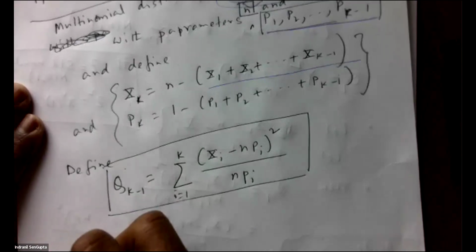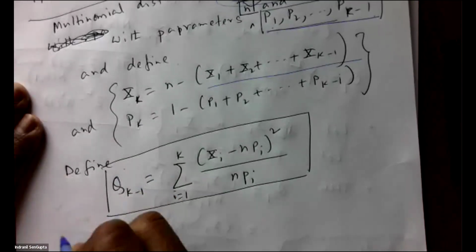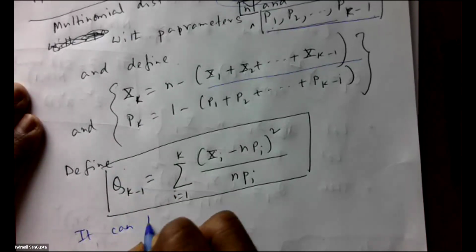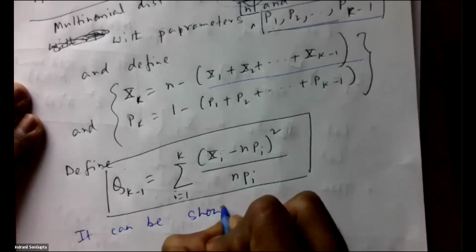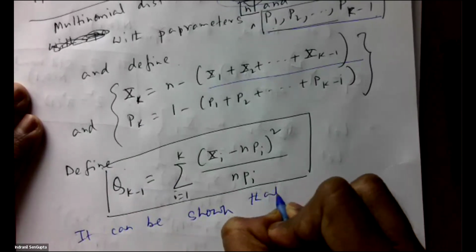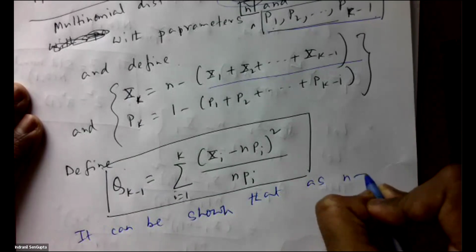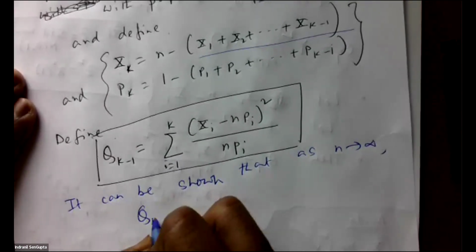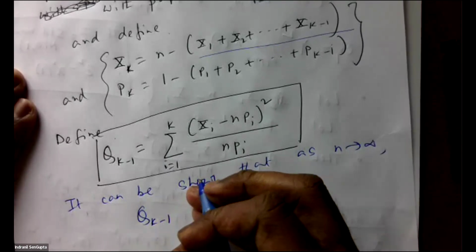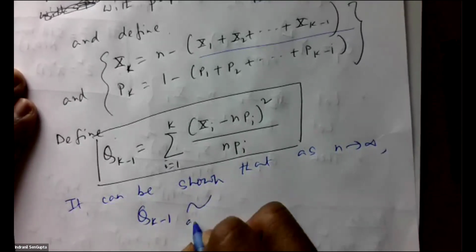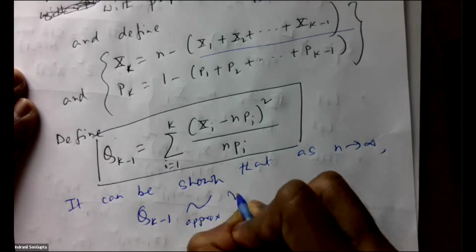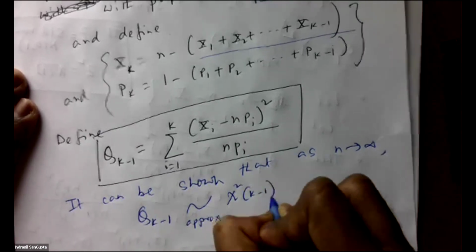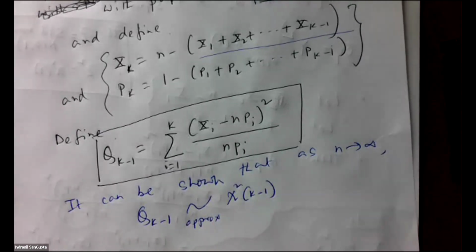It can be shown, though we will not show it, that as n is large, this Q k minus 1 approximately follows a chi-square distribution with degrees of freedom k minus 1.